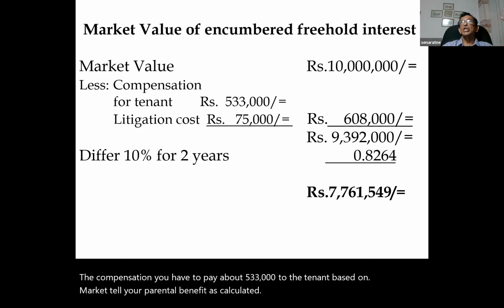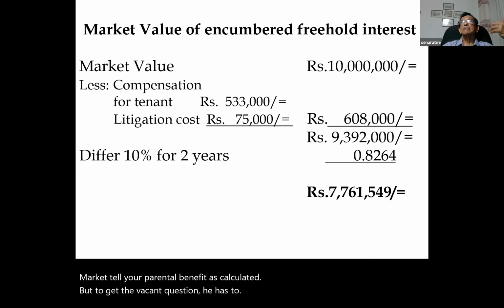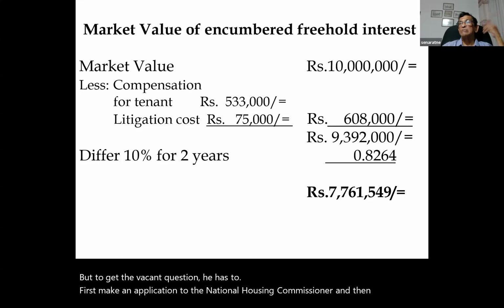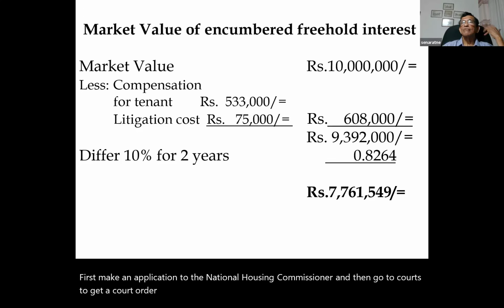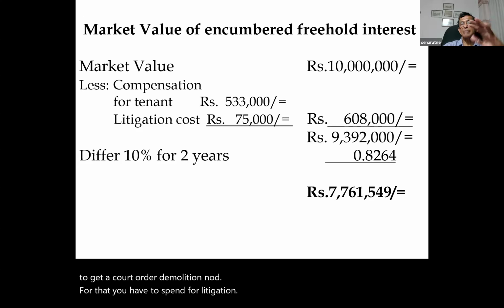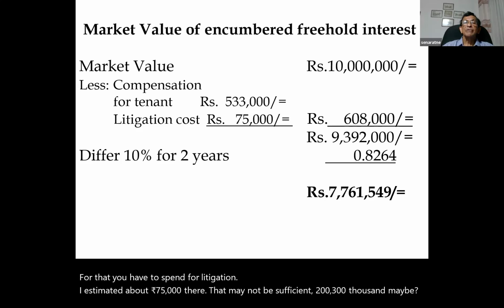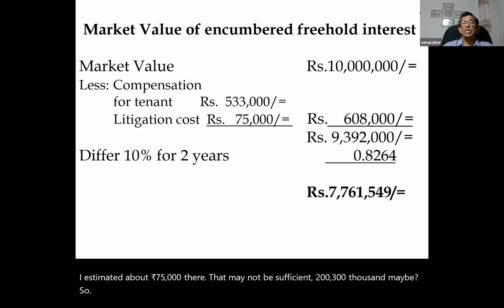But to get vacant possession, he has to first make an application to the National Housing Commissioner and then go to courts to get a court order, a demolition order. For that, you have to spend for litigation. I estimated about 75,000 rupees there. That may not be sufficient; 200,000, 300,000 maybe. So compensation for tenant 533,000, litigation cost 75,000. Altogether, he has to spend 608,000 to get the demolition order.